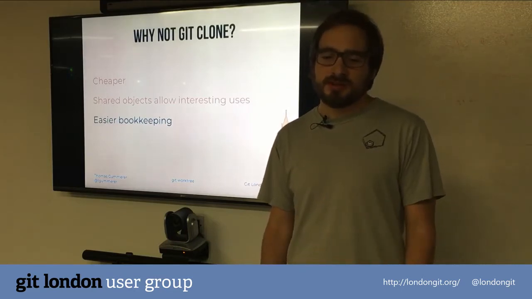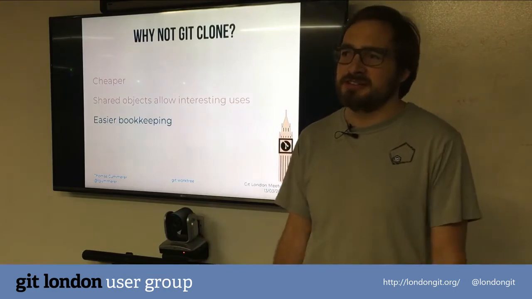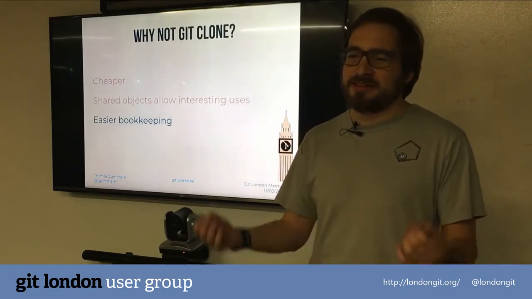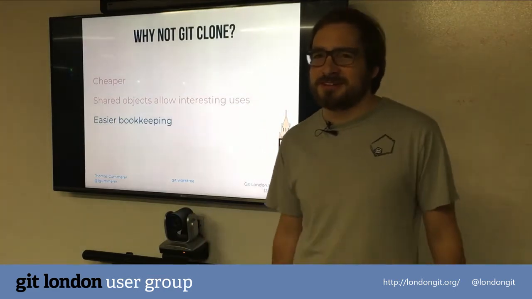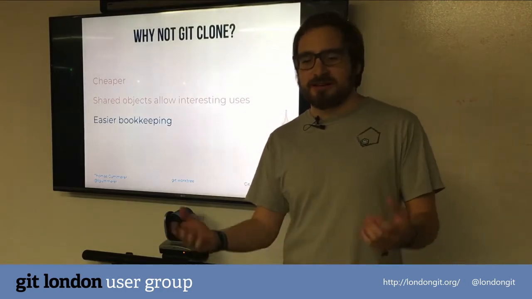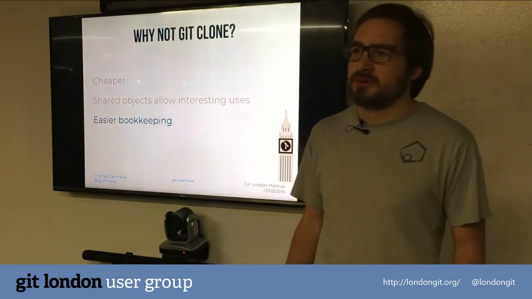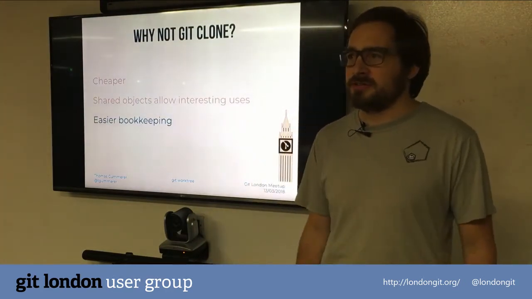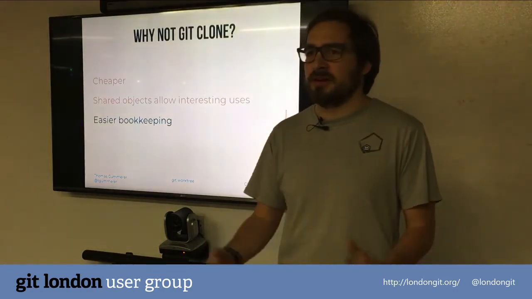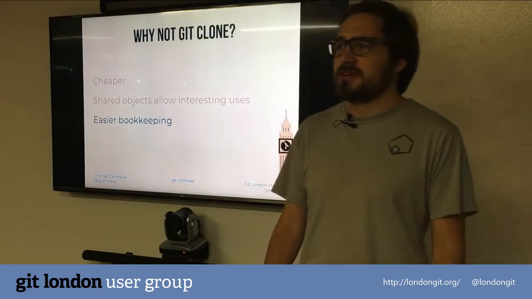So if you git cloned to some random location on your file system, then if you're like me, you're probably gonna forget where you put that. Meanwhile, the git worktree command gives you an easy way of showing all of the work trees you currently have, so you can easily get back to them and work with them and remove them once you're done.